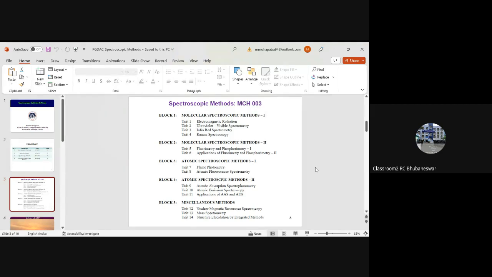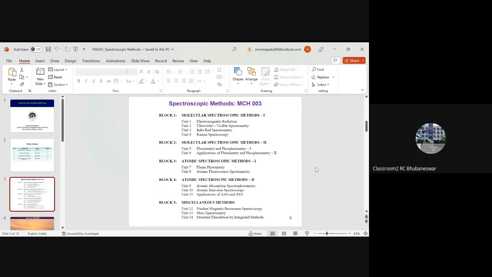We have extensively studied its quantitative applications and how this flame process can be avoided, and we can go for the electrothermal furnace method also we have looked into, as well as we had a glimpse of discussion about the plasma source also, use of the plasma source also we had discussed.